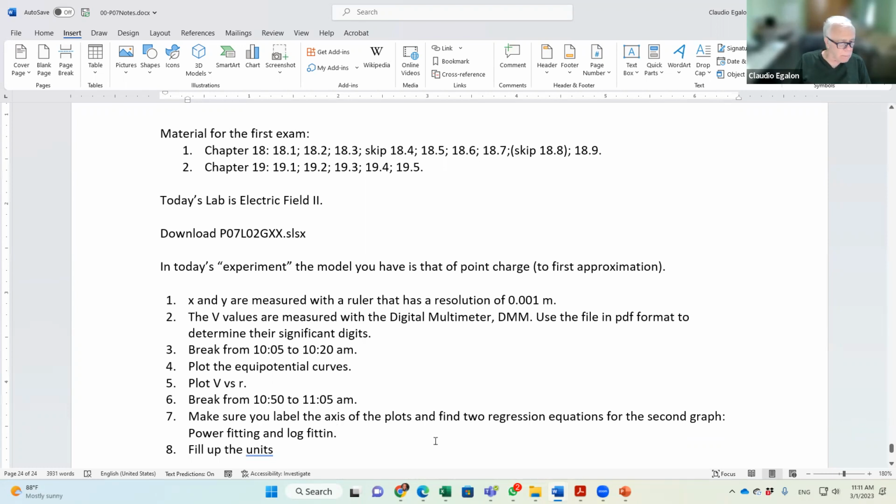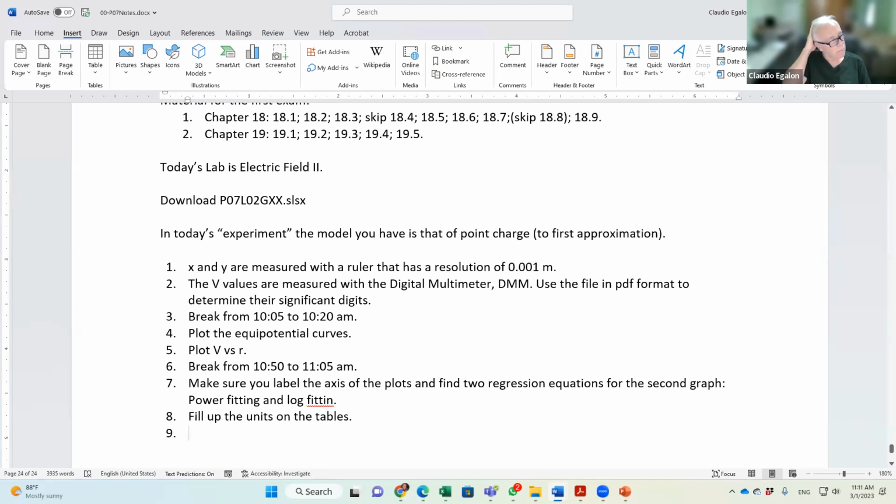Plot. No, fill up the units on the tables. Display the correct number of significant figures.